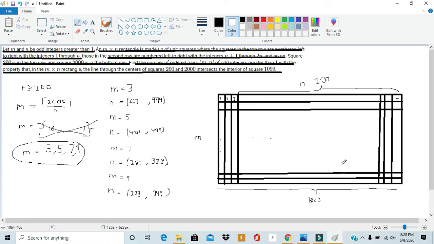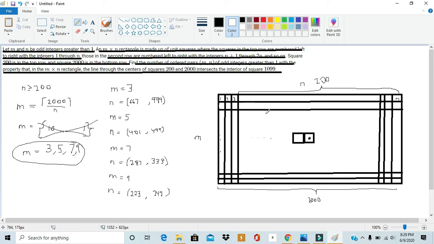If 2000 is somewhere over here and 200 somewhere over here, then we would see that 1100 would be right about here. And if 1100 is this square, 1099 would just be 1 to the left of it. So we know that whatever line goes through 200 and 2000 will also go through the center of 1100.